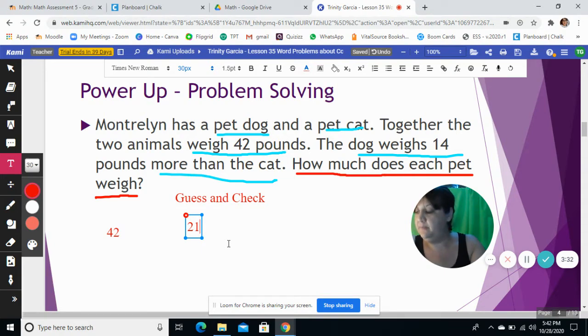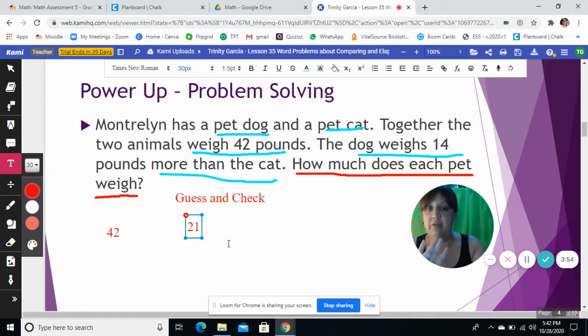Well, we could increase and decrease by 1 pound, so 22 and 20, and have a difference of 2 pounds. If we increase or decrease by 2 pounds, then the guesses would be 23 and 19, and we would have a difference of 4 pounds, right?